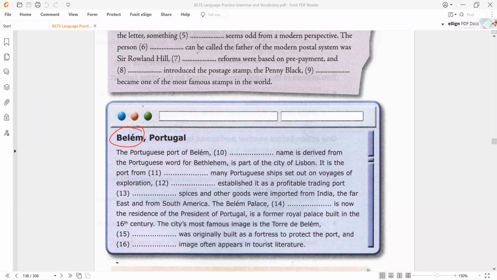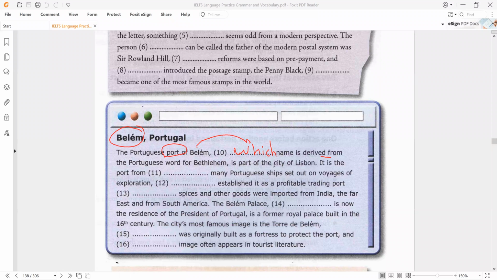Belém, Portugal, or the Portuguese port of Belém. Whose name? It is a port, not a person, so we say which. Its name is derived from the Portuguese word for Bethlehem.